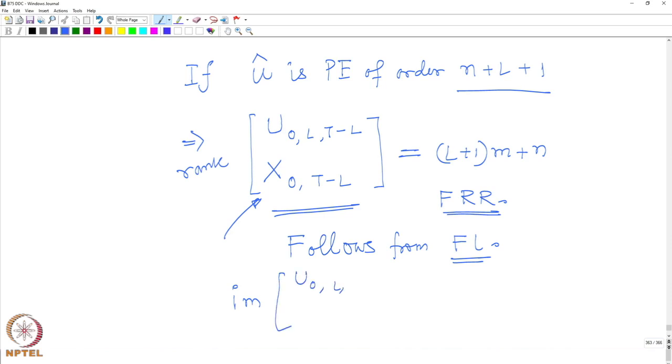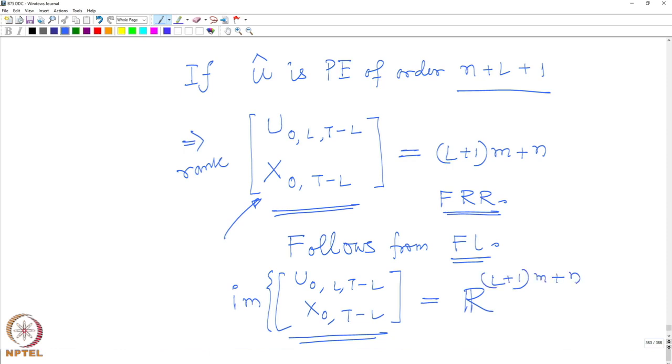What does that mean? This is exactly equal to the Euclidean vector space of dimension equal to the number of rows here. What is the number of rows? L plus 1 times m plus n.